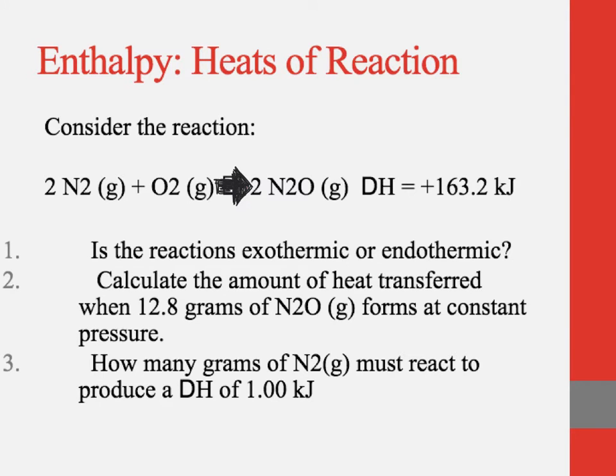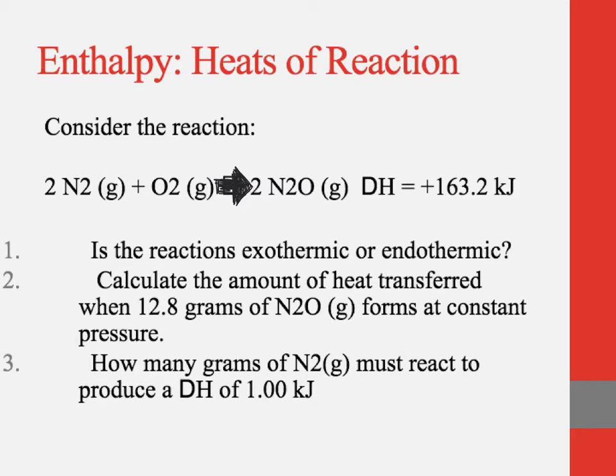Okay, so let's take all of that prior knowledge, all of the terminology, all of the background information that we've learned, and now apply it to a practical purpose, problem solving. So let's look at this reaction. Nitrogen gas and oxygen gas form dinitrogen monoxide.